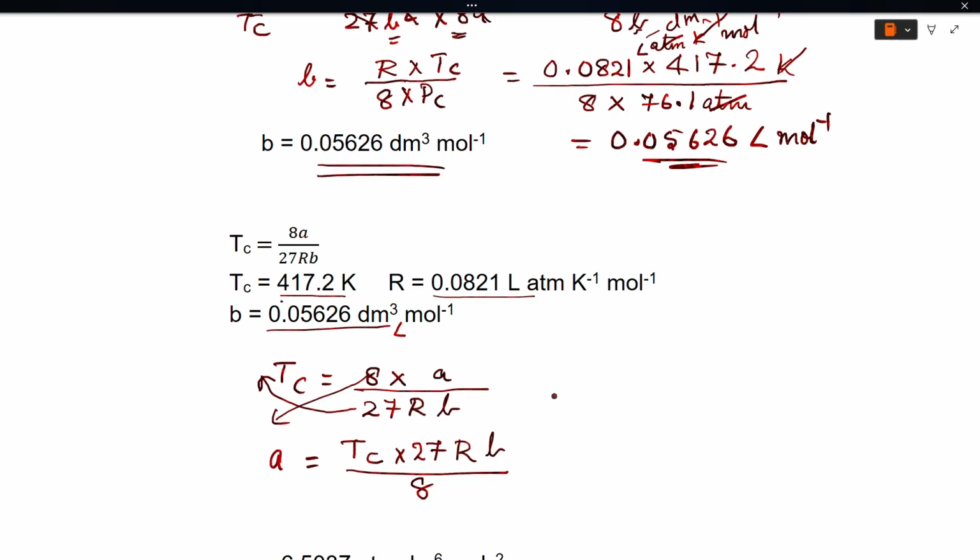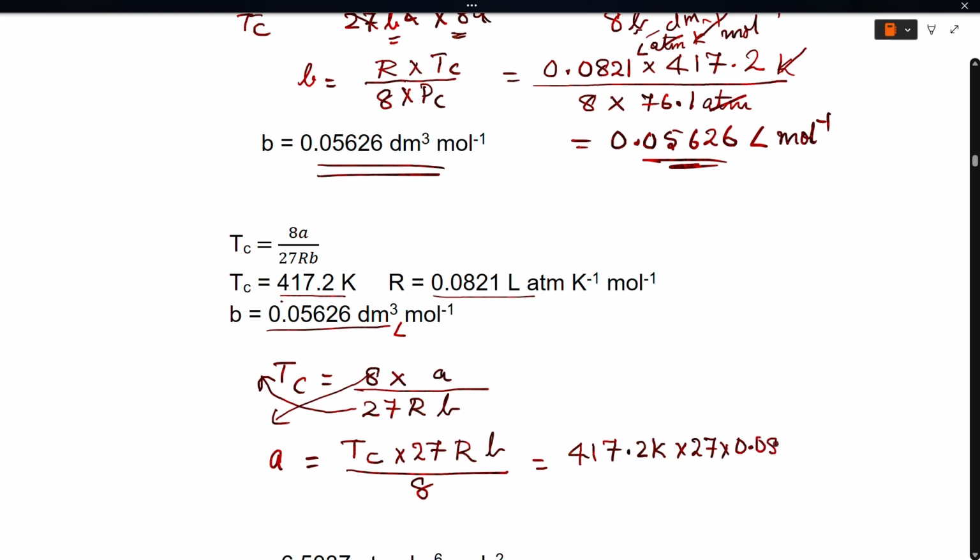Now, the value of Tc is 417.2 Kelvin into 27 into 0.0821 decimeter cube atmosphere per Kelvin per mole, multiplied by B. What is B?